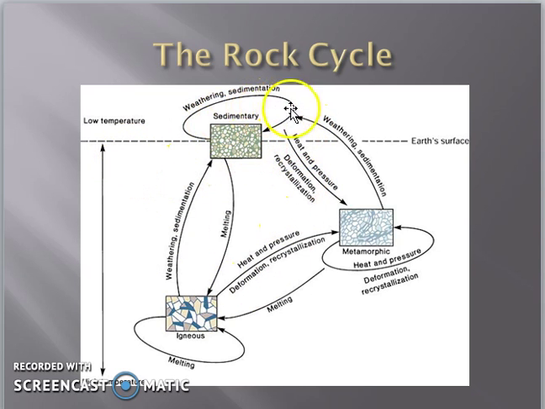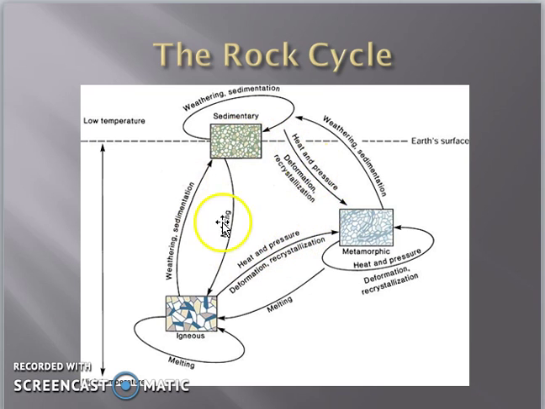The other thing you really want to pay attention to and think about as you're studying this rock cycle is how it relates to the plate tectonic activity that we discussed last week. Up here where we have the Earth's surface indicated, what you want to think about is how all the surface that exists on those plates that are moving because of plate tectonic activity is creating various scenarios for rock to move up to the surface or break through, and how those processes might cause melting down here.